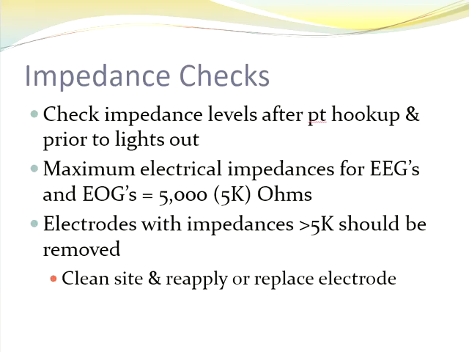So you're going to check your impedance levels after applying the electrodes. You want the impedances for your eyes, for your head wires, all to be less than 5,000 ohms or 5 kilo ohms. Anything that is higher than 5 really should be removed, reapplied, recleaned. And there's a lot of different reasons why your electrodes could have high impedances.